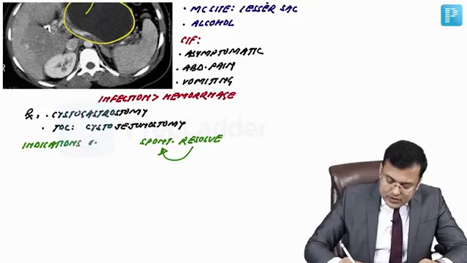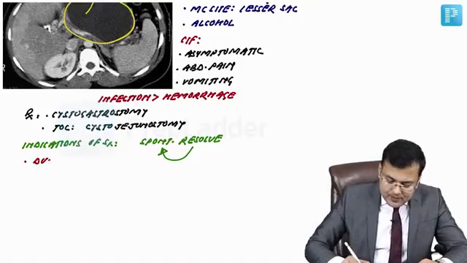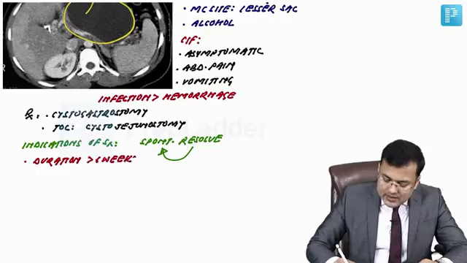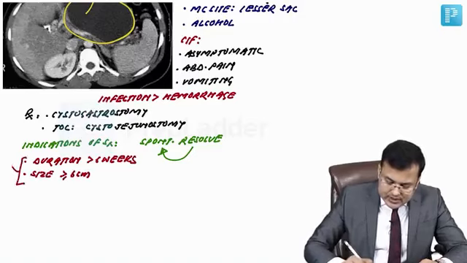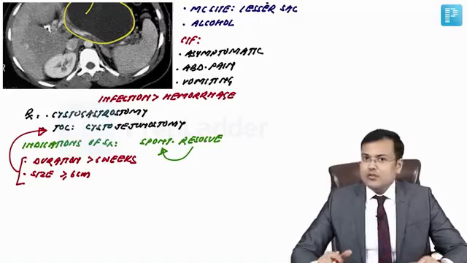So what are the indications of surgery? First, duration more than 6 weeks, and size more than or equal to 6 centimeter. In these cases, we go for treatment, and the treatment of choice is cystojejunostomy.